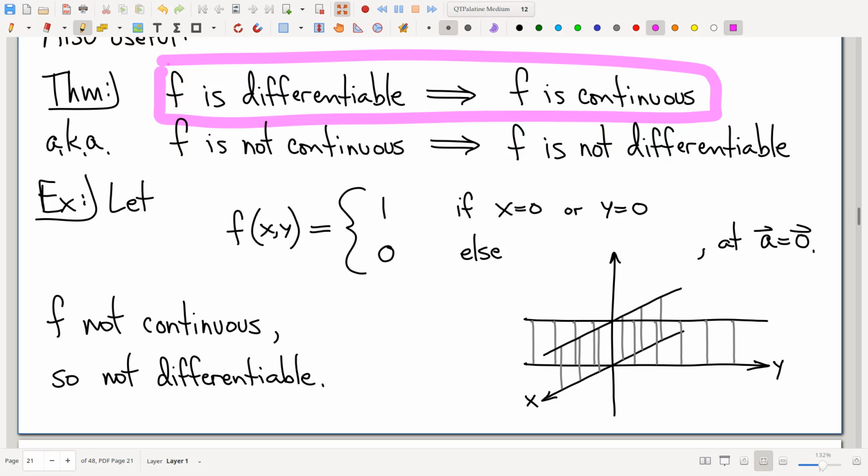And as this is written, it's not particularly useful to deciding questions of differentiability, because differentiability is the hypothesis of this implication, not the conclusion. So you would have to know already whether the function's differentiable before you could even use this theorem.